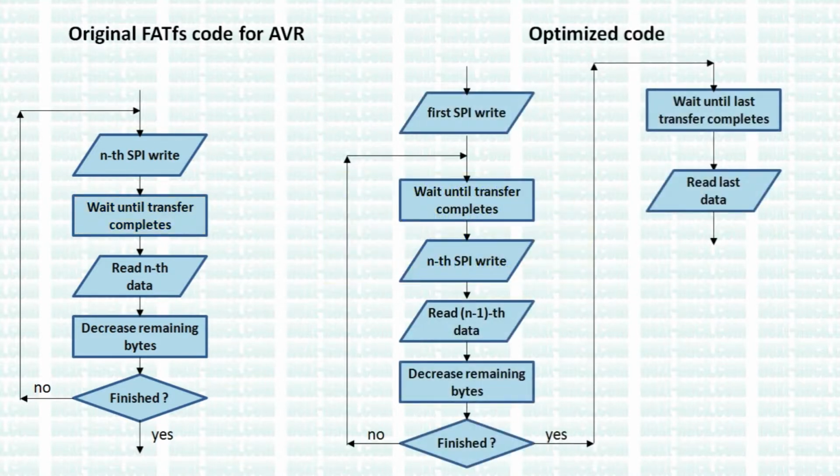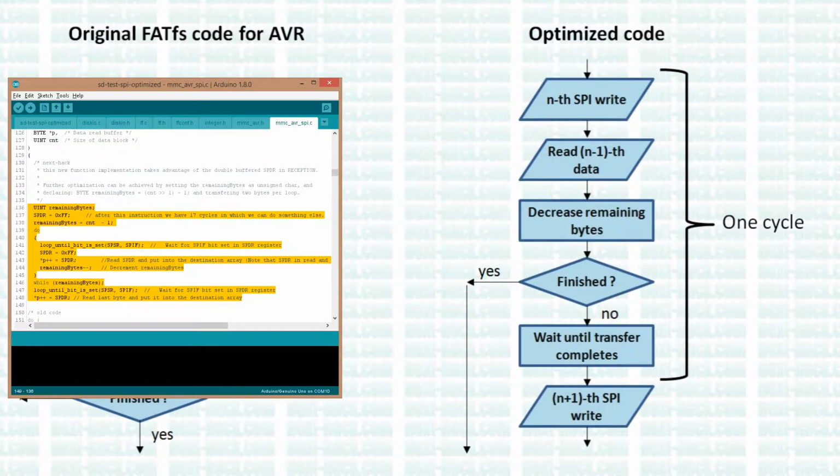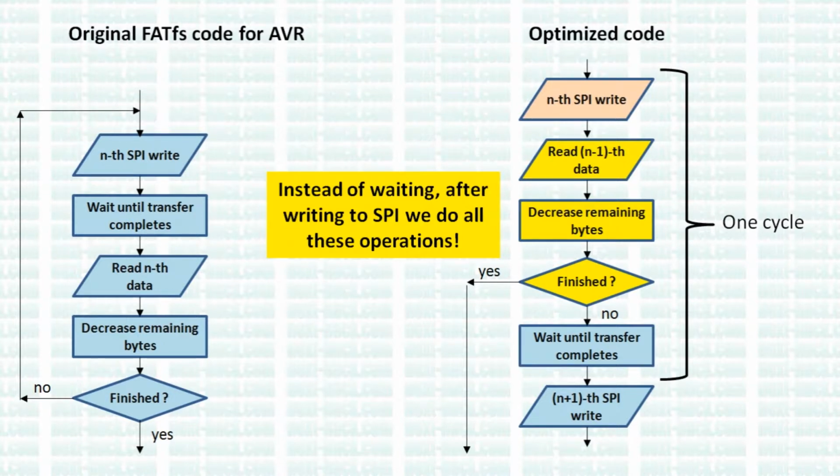The optimized version seems to be more complicated, but really it isn't. It takes advantage of the double buffered SPI register in read mode. To understand better the program flow, we graphically unroll the loop. After we write, we read the previously received data, which is still in the read buffer, even if new data is being received in the meantime.